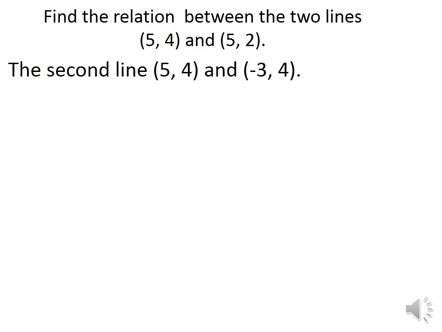In these two lines, here we have the first line through (5, 4) and (5, 2). If x1 equals x2, the line will be parallel to the y-axis. And if y1 equals y2, the line will be parallel to the x-axis.